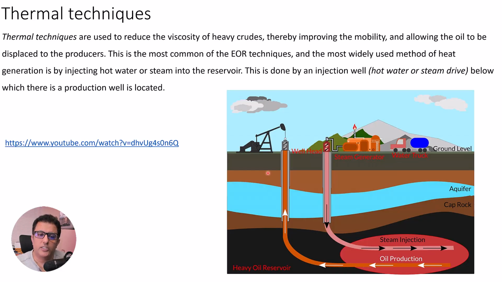This process is used in Canada, and it is very expensive. It may become doable when the oil price is high, but it may not be profitable when the oil price is low.